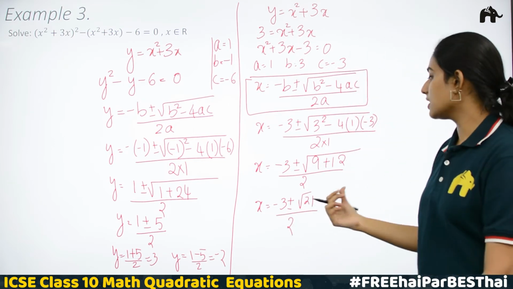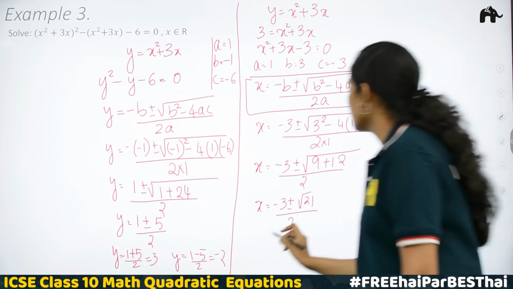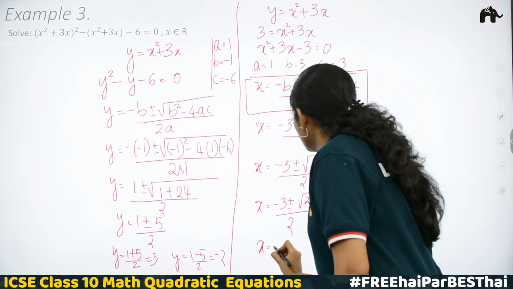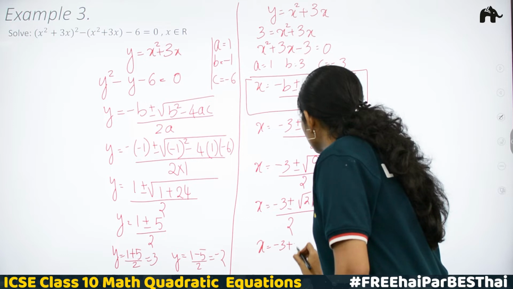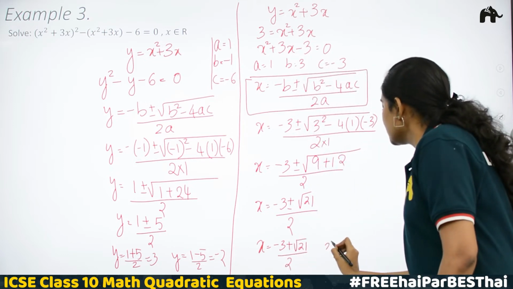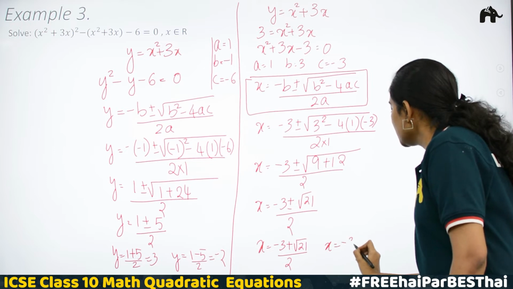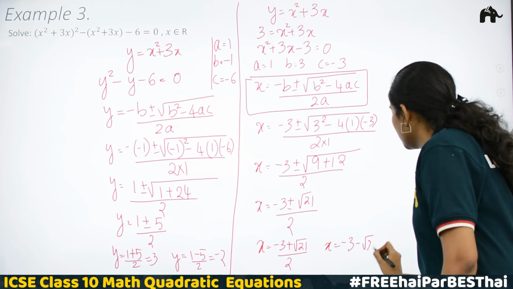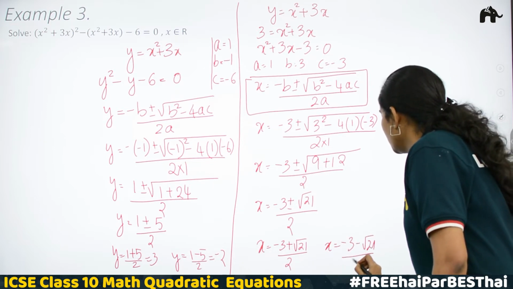So the two possible values of x are x = (−3 + √21)/2 or x = (−3 − √21)/2.